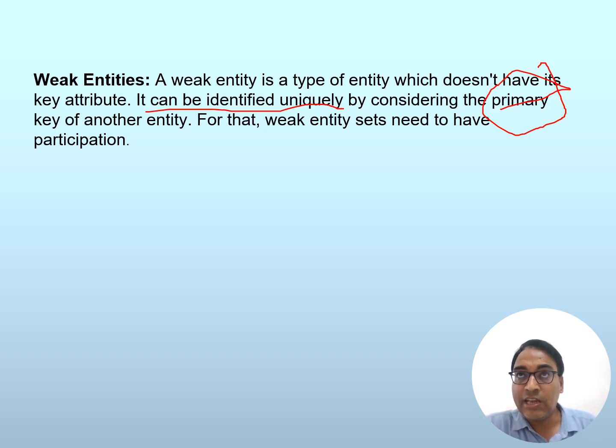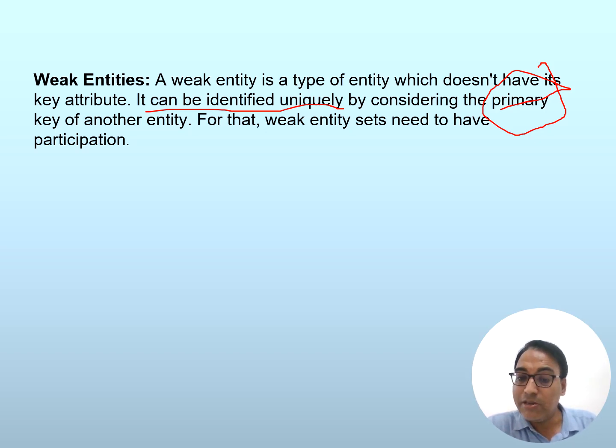Like in your bank account, the account number becomes the most important attribute. If I have your bank account number, I can recognize and retrieve all the details. But from your name, I may get duplicates, so that is not a unique thing. That is not a primary key.